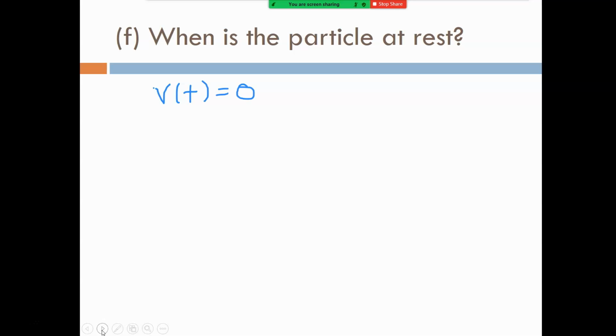So the particle is at rest when velocity is 0. So in the case of this problem, 0 equals 2t minus 4. So therefore, at t equals 2 seconds.